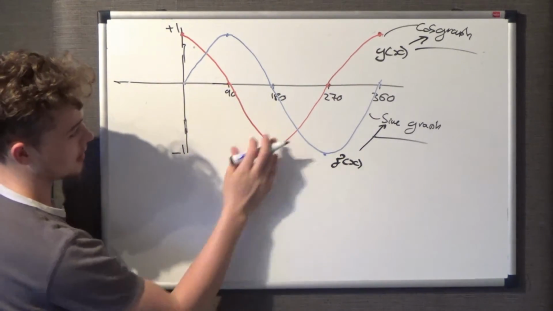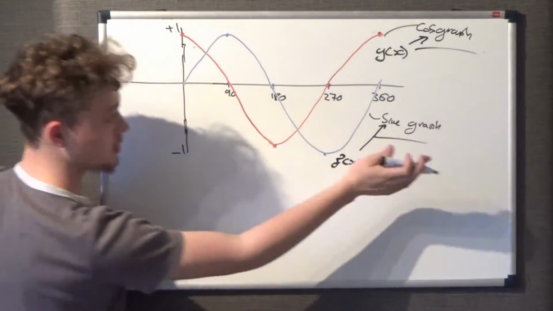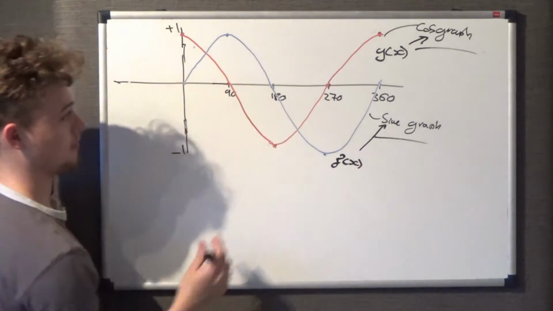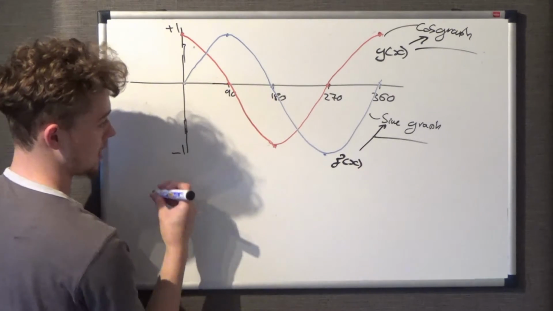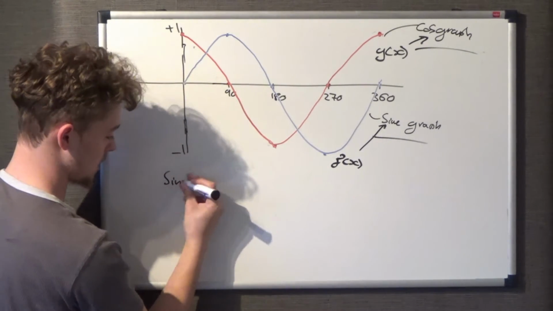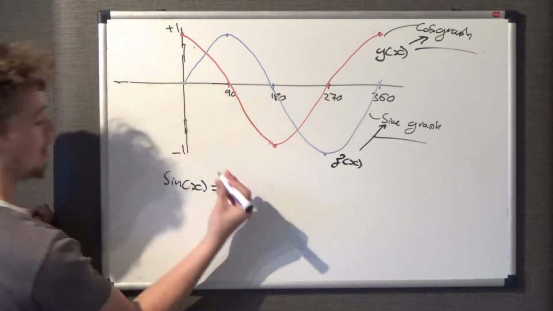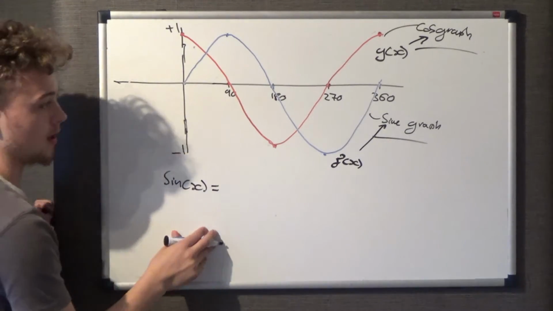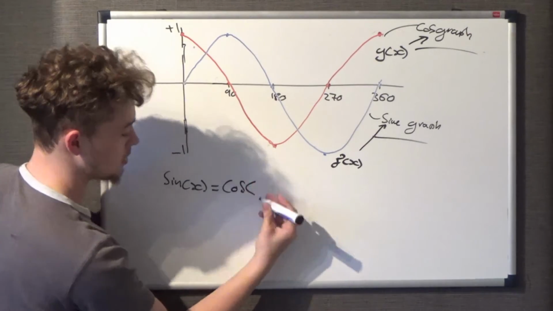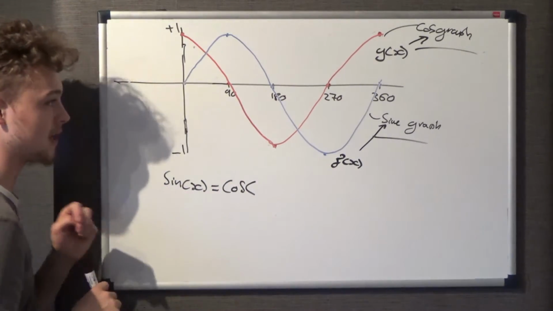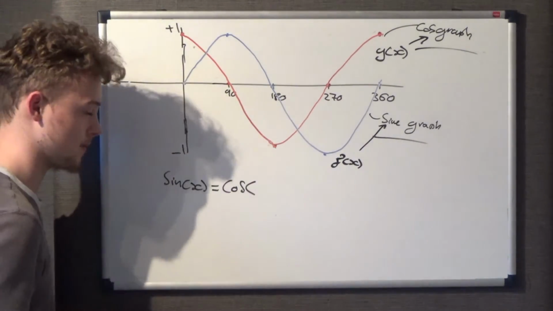As I say, the sine graph is the cos graph shifted to the right by 90 degrees. So if we want the sine graph, we write sin of x, and that graph is the cos graph shifted to the right. It's not just cos of x, we're not saying sin of x is equal to cos of x, because it quite clearly isn't.